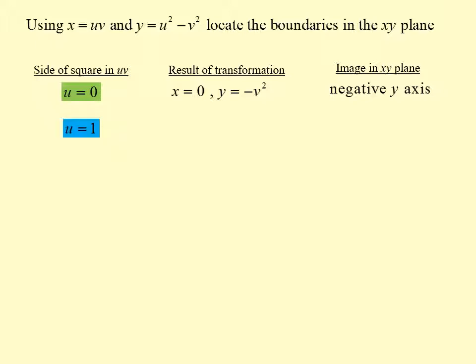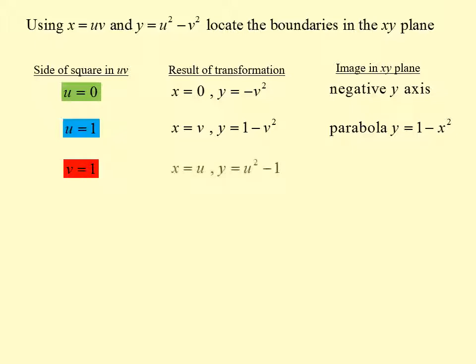If we take u equals 1, that would be the right side of that square. Plug 1 into both equations for u, then we get the parabola y equals 1 minus x squared. If we take v equals 1, that was at the top of the square, we get the parabola y equals x squared minus 1.